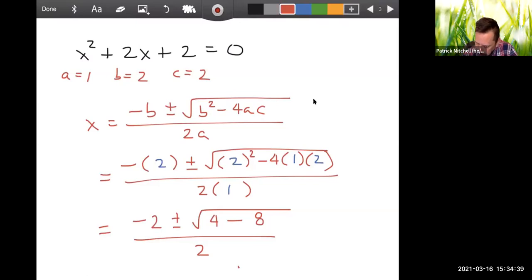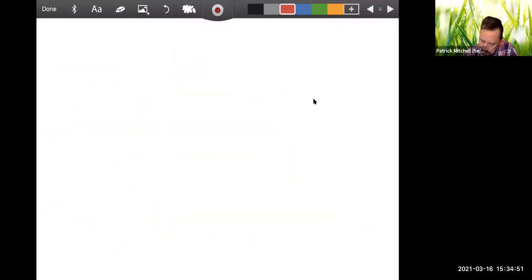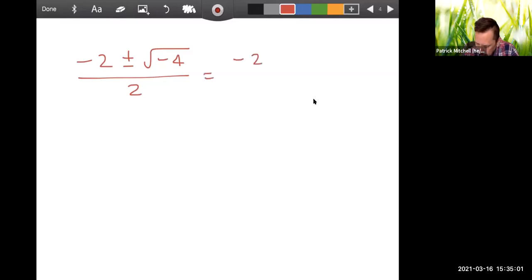4 minus 8 is negative 4, so this is negative 2 plus or minus the square root of negative 4 all over 2. This one I will continue on the next slide. As we learned a couple of sections ago, the square root of negative 4 is 2i.